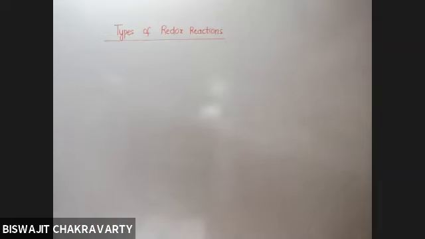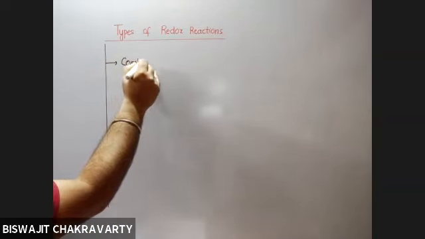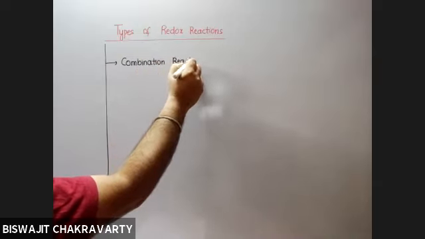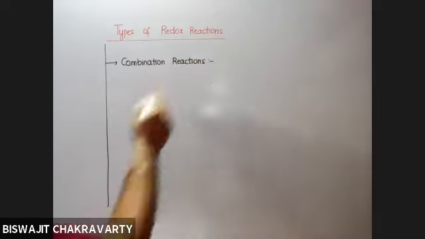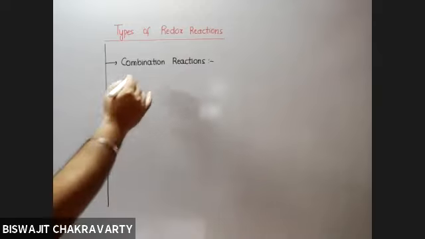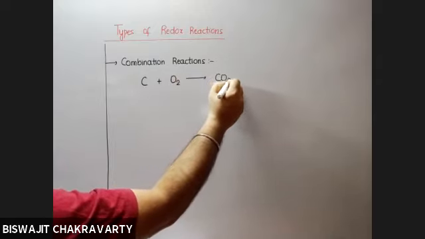Redox reactions can be further subdivided into 4 types. Combination reactions. So as the name implies, what is the meaning of combination? Combination means addition. The 2 molecules are combining. So all the reactions where molecules combine with each other are referred to as combination reactions.